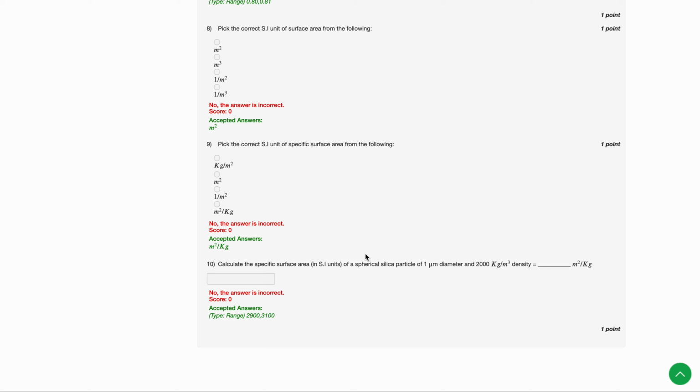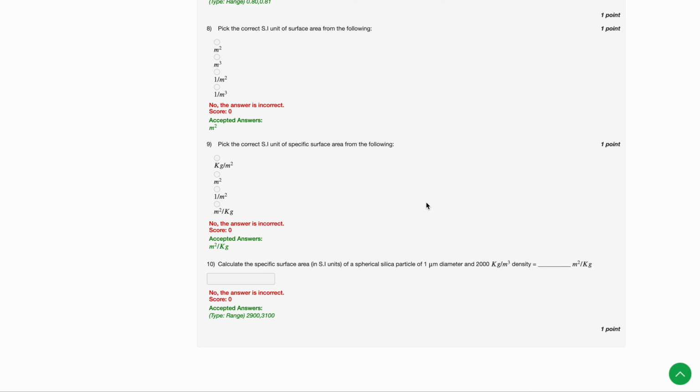Rho is given as 2000, pi by 6, d is 10 raised to minus 6, that means 10 raised to minus 18, in kg.